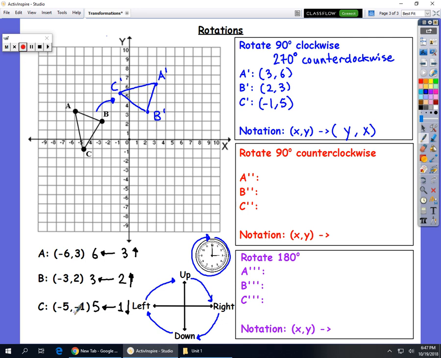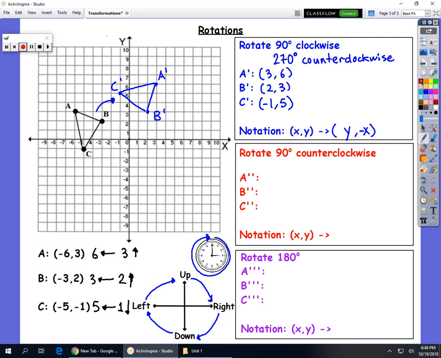The X values, however, have changed from negative to positive. So that means the X values are actually negative. This is the notation for 90 degrees clockwise or 270 counterclockwise. The X and Y values switch, but the X is negative. Just double checking, X and Y switched, and X becomes negative.